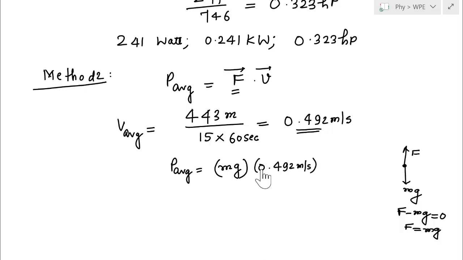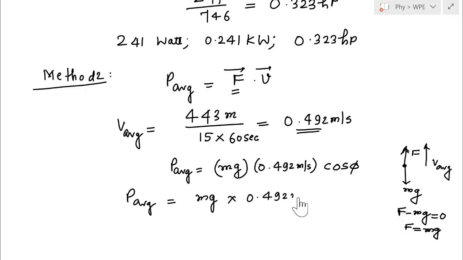And then when we are taking dot product, we have to multiply by cos phi, that is the angle between force vector and velocity vector. In this problem, force is in the upward direction and velocity is also in the upward direction, so average velocity is also upward. So there is an angle of 0 degree between force vector and velocity vector. So cos phi is cos 0 degree, and you know cos 0 degree is equal to 1. So average power is simply mg times 0.492 meter per second.